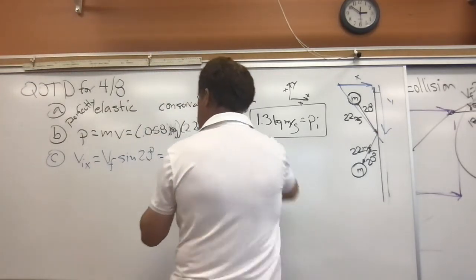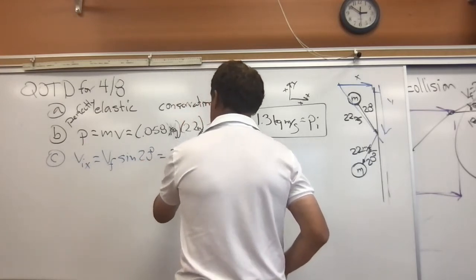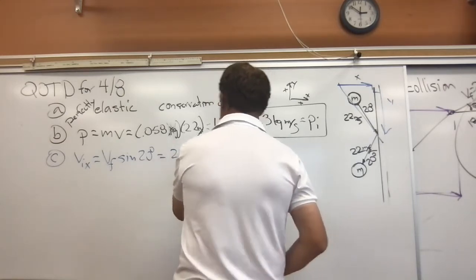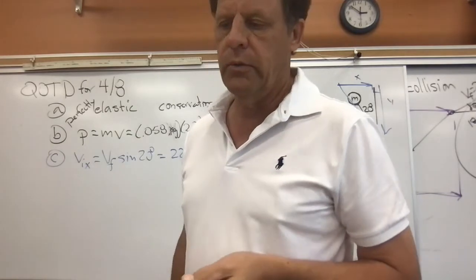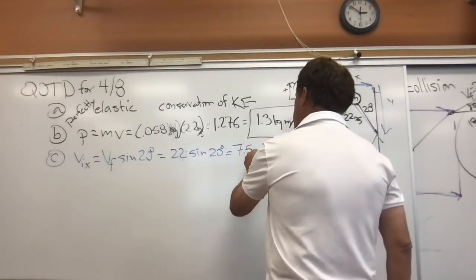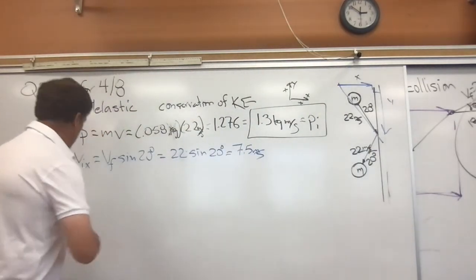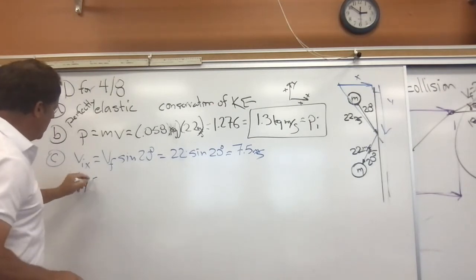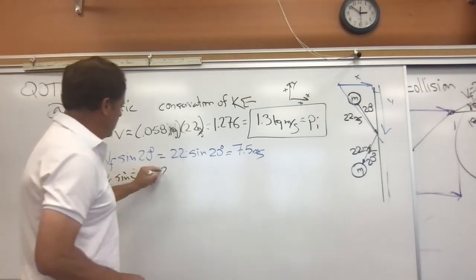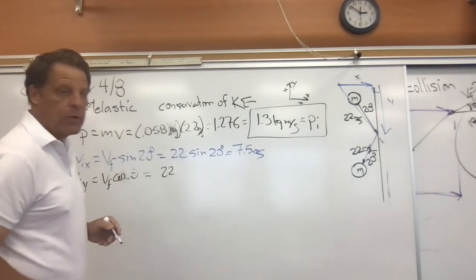22 sine 20 degrees, which is 7.5 meters per second. Our initial velocity in the y is v times cosine, sorry, not sine, cosine, because now we are adjacent.